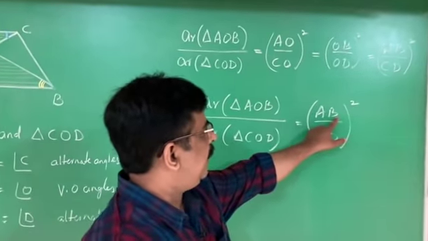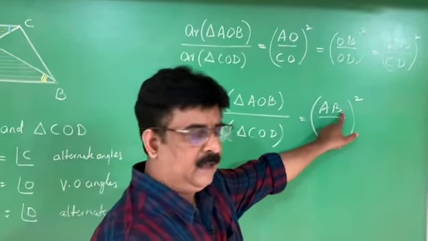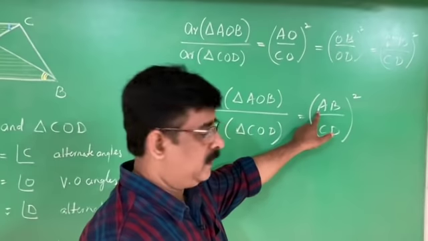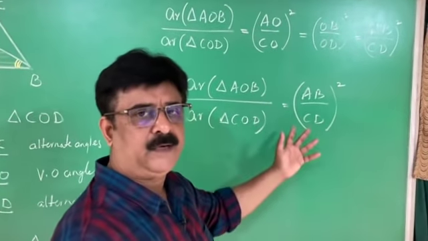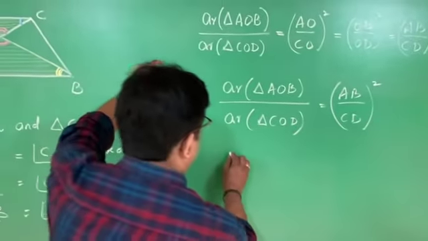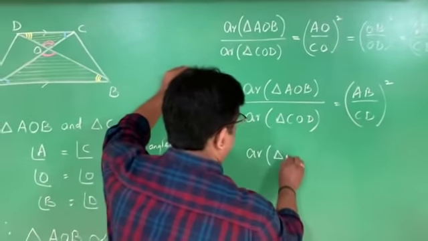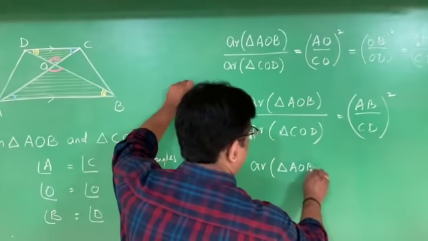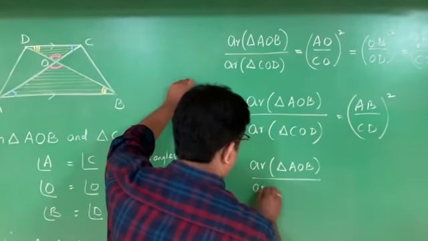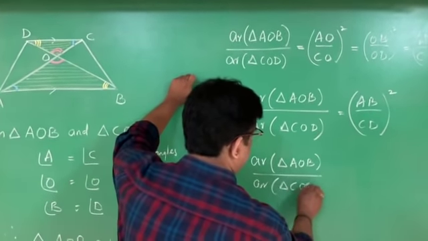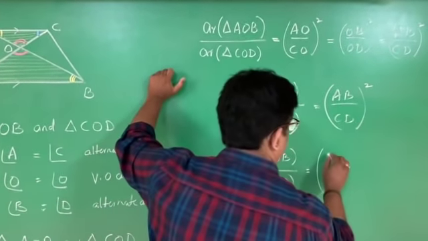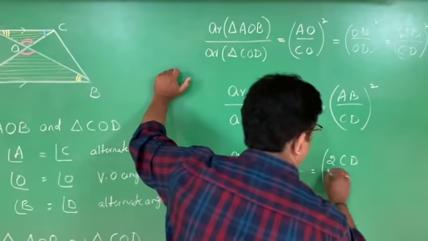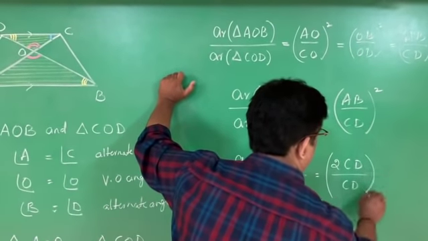In the place of AB, I write 2CD because he has given AB is equal to 2CD. Then area of triangle AOB by area of triangle COD is equal to, in the place of AB, I write 2CD by CD whole square.